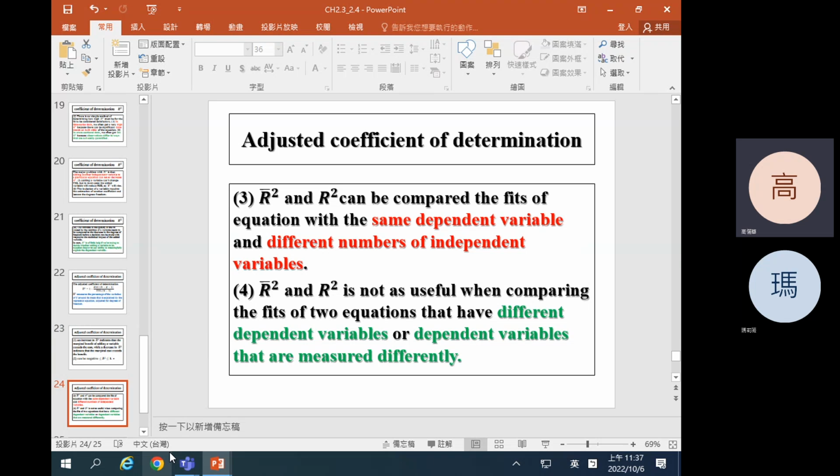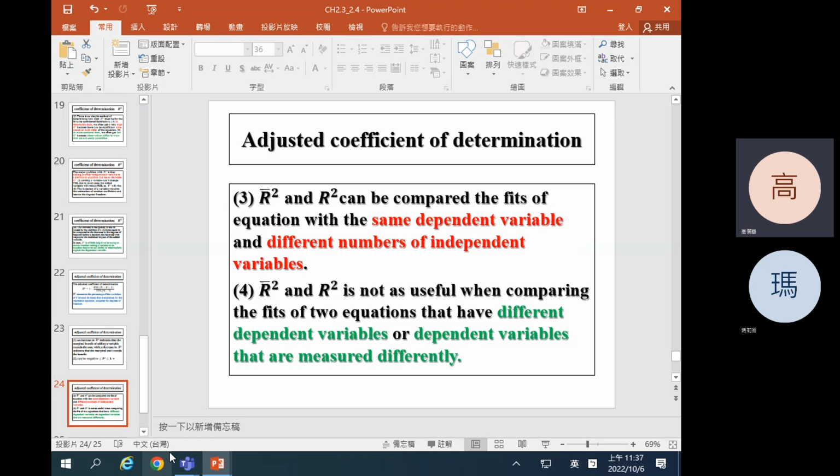Same measurement units. I cannot compare the one, okay, look at this one. Adjusted R squared and R squared are not as useful when comparing the fit of two equations that have different dependent variables, or when the variables are measured differently.